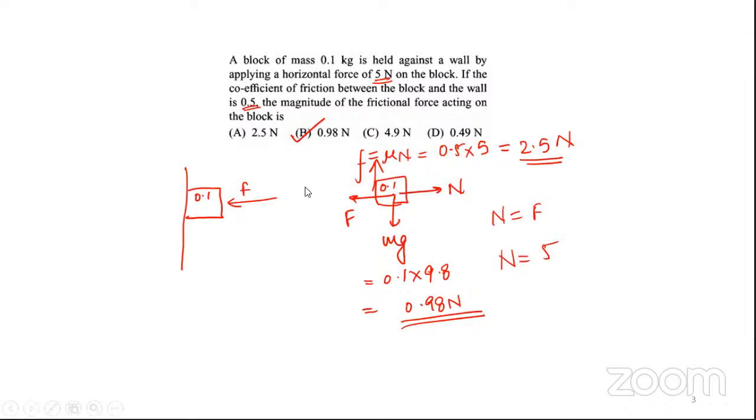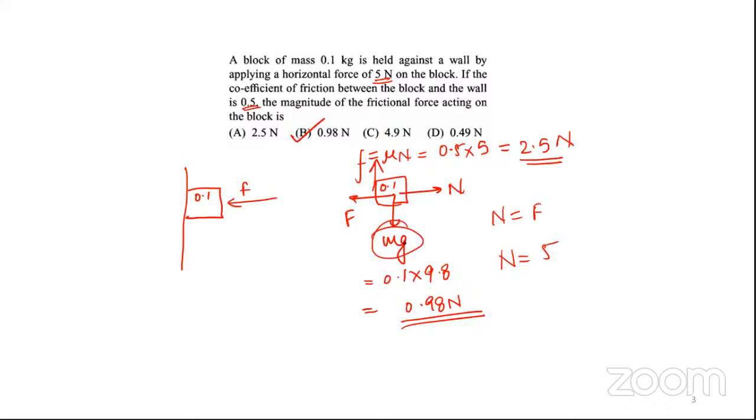So, clear why everyone? I'm sorry, why isn't the coefficient of friction also applied when we're putting 0.98? Shouldn't it be multiplied by the coefficient of friction 0.5? Where? In the end, when we're talking about the final force?